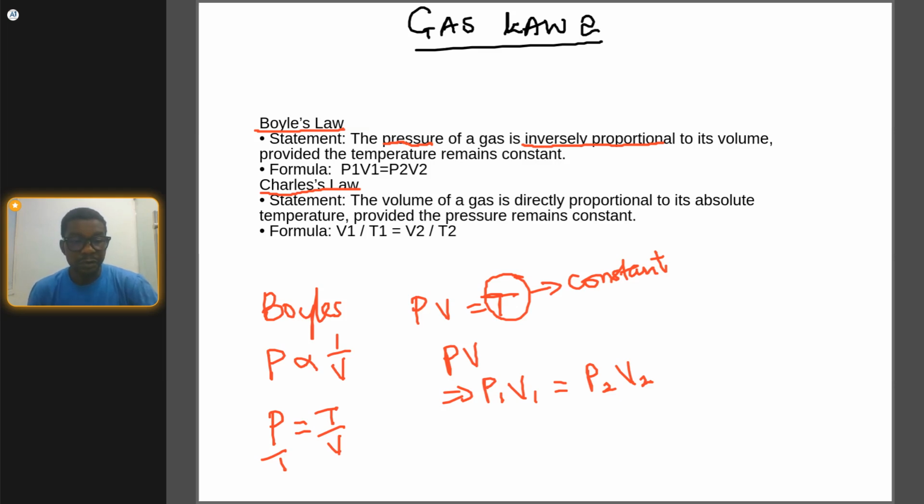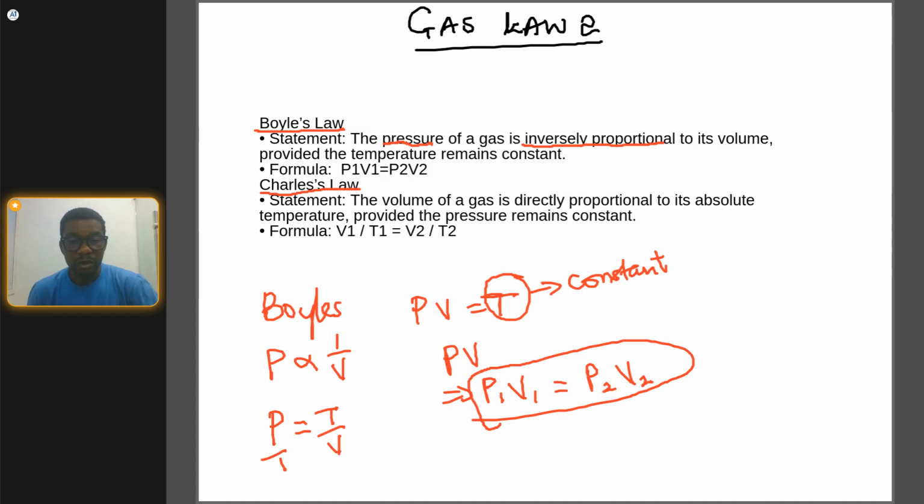That is, the first pressure multiplied by the first volume is equal to the second pressure multiplied by the second volume. So this is the mathematical expression of Boyle's law: P1V1 equals P2V2.